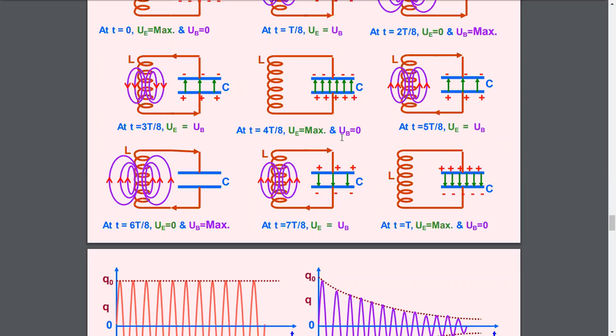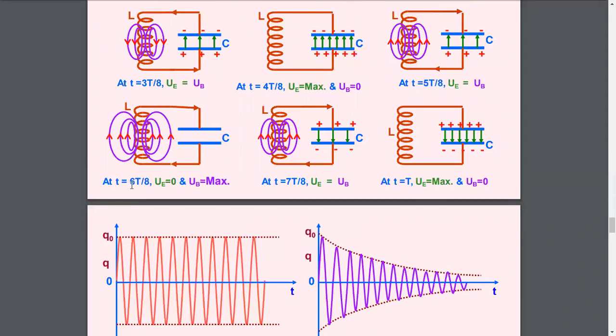And now it starts moving in the opposite sense. At t equal to 5T by 8, the electrical energy and magnetic energy become equal. And at 3T by 4, the electrical energy becomes 0 and the magnetic energy becomes maximum. And at t equal to 7T by 8, the electrical energy becomes equal to the magnetic energy.